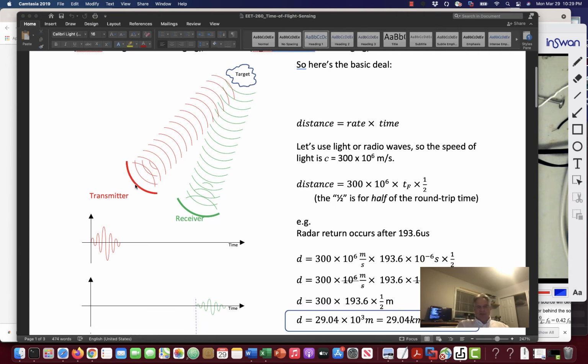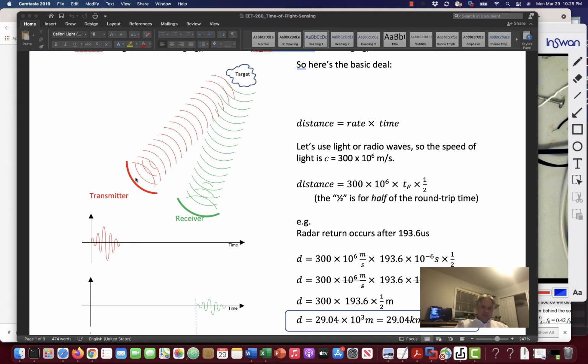You've got some kind of transmitter here, and it's going to emit energy. I showed some backward curves here because typically, if you had a parabolic dish, you would have a feed point here, and you would project energy into the dish, and then the dish would focus the energy out this way.